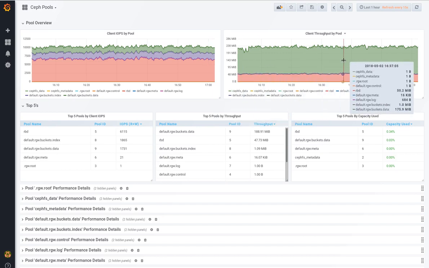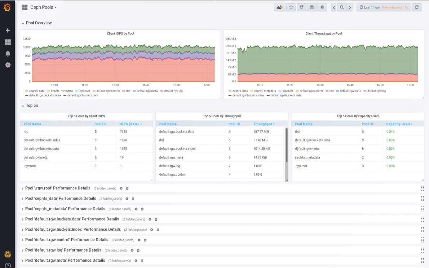Correspondingly, when we look at the throughput by pool, by far the most throughput is going into the RGW buckets data pool, which is what you'd expect, because you've got large IOs in the RGW space, and small IOs in the Icicle E workload that I'm generating.